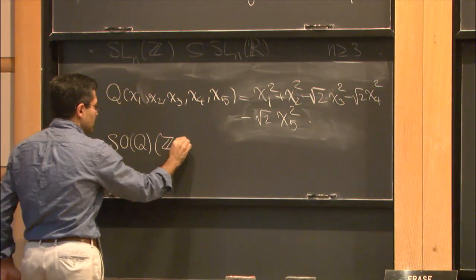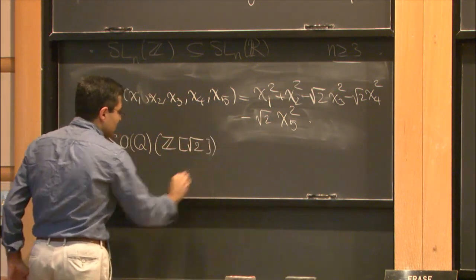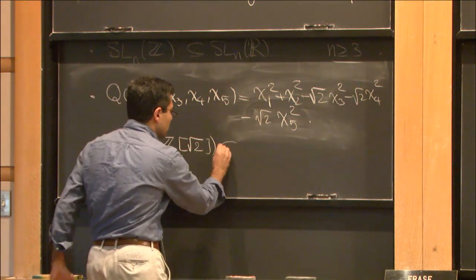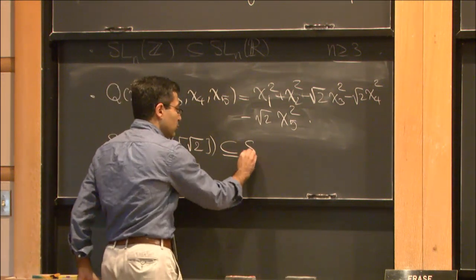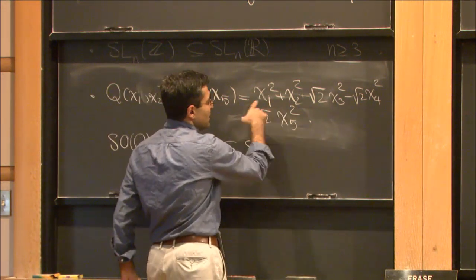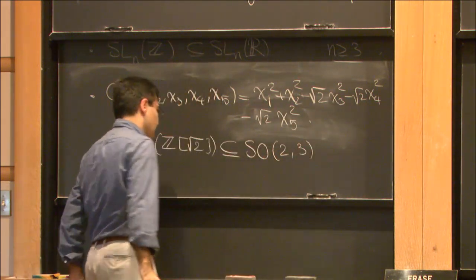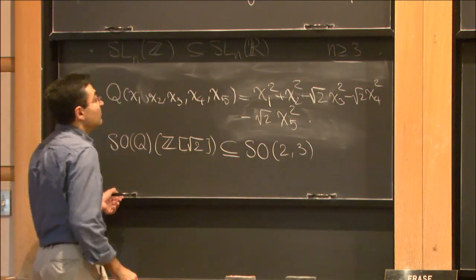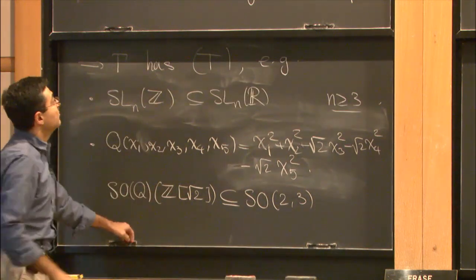And look at the matrices with entries inside Z[√2]. Then you can embed it into the real solutions, and because it has 2 positive and 3 negatives, it would be inside SO(2,3), and the real rank of this is 2. So again, this is another example. Okay, so these are 2 examples of such a thing.